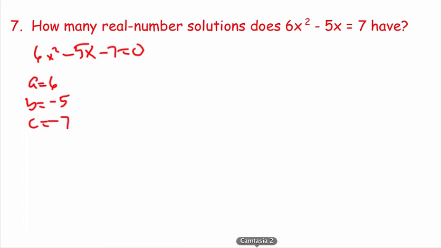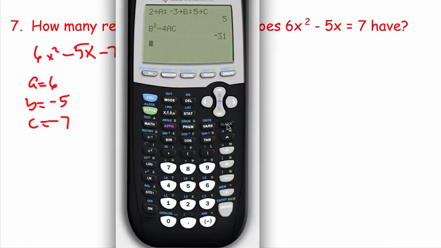So I'm going to pull up my calculator, throw those in. 6 store A, colon, negative 5 store B, another colon, and 7 store, I'm sorry, let me go back and make that negative 7. Negative 7 store C.